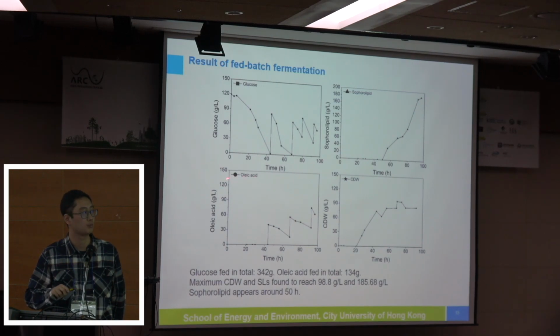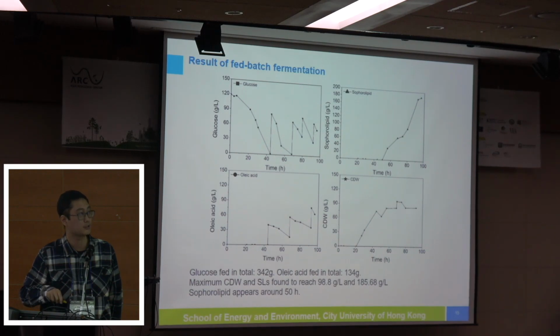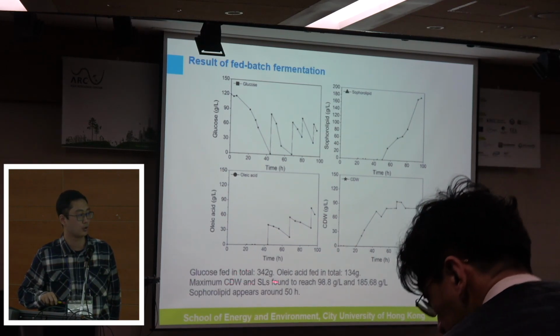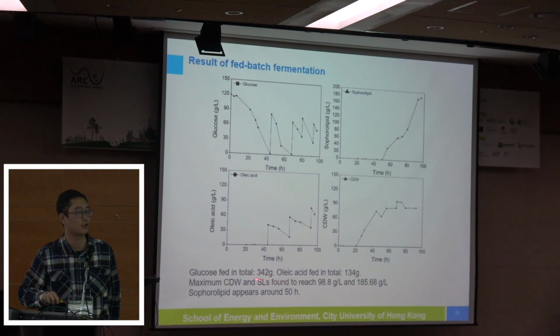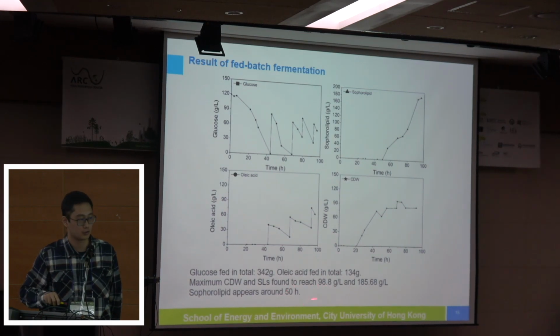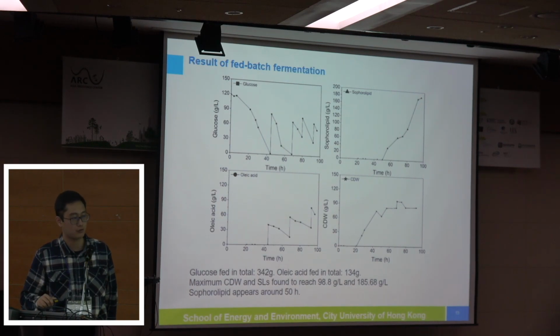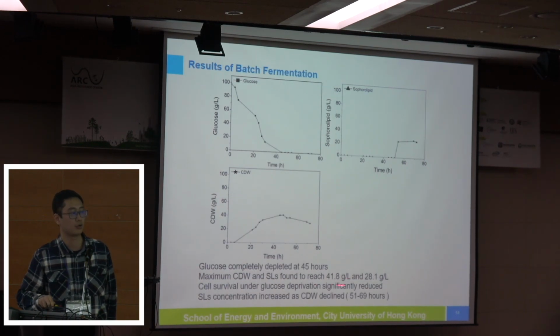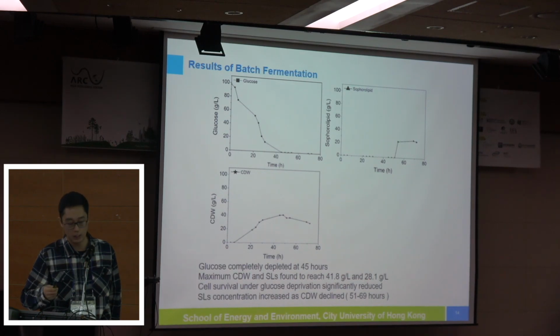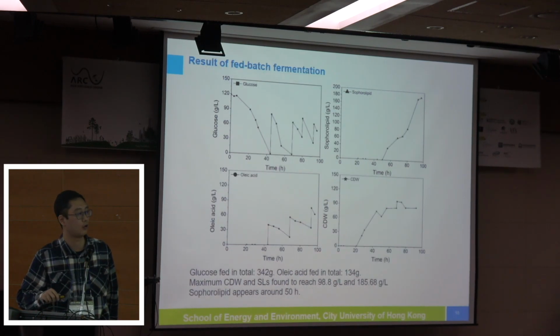We can see that the total glucose fed is 340 grams and oleic acid 130 grams. The maximum CDW we reach is around 100 grams per liter, and the sophorolipid is around 185 grams per liter. Compared to batch fermentation, it's a very big increase. We will have a summary table later to compare all these different fermentation strategies.